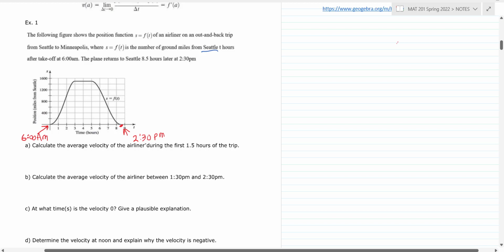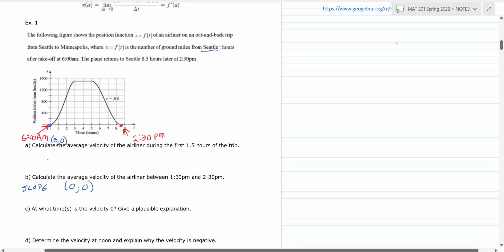So we're going to calculate the average velocity of the airline during the first 1.5 hours of the trip. Now, when we're doing average velocity, you're doing a slope, so we need to know 2 points. The first point is going to be at time 0. We haven't moved yet, so that's a displacement of 0.